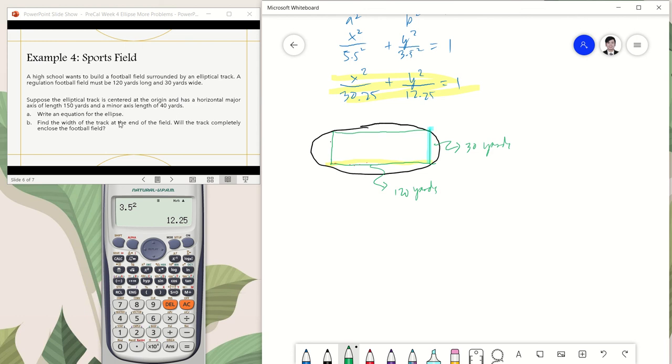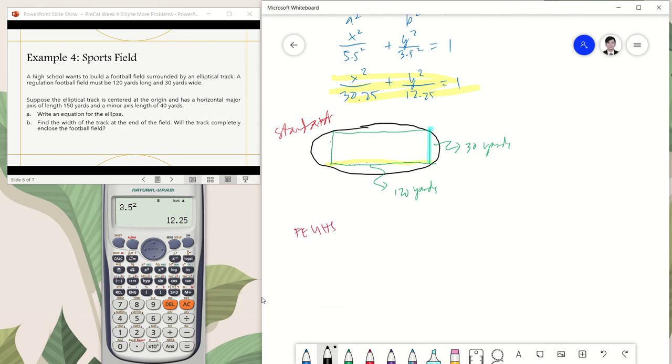So we have a situation now. Let's say this is for the FEU school. Suppose the elliptical track is centered at the origin. So imagine this is the standard football field given, and this is the one for FEU High School.